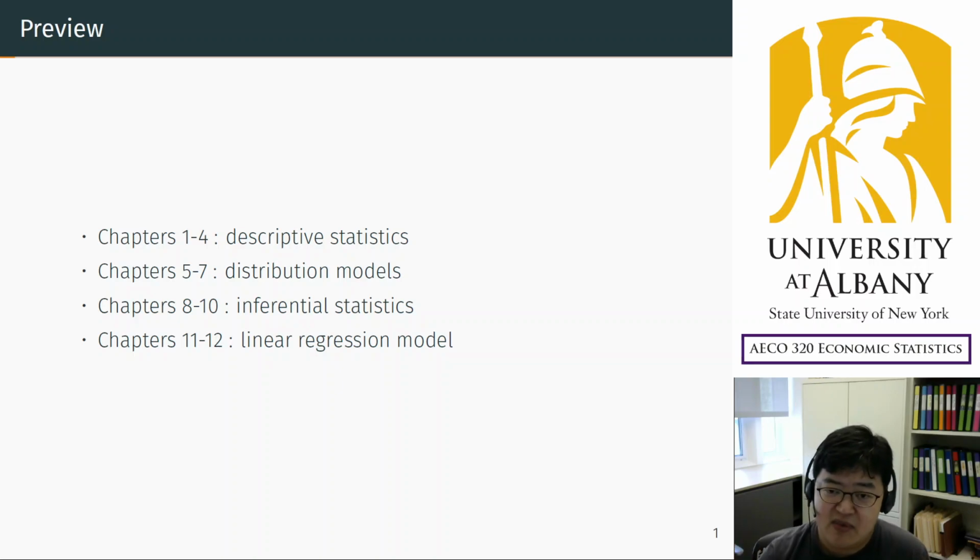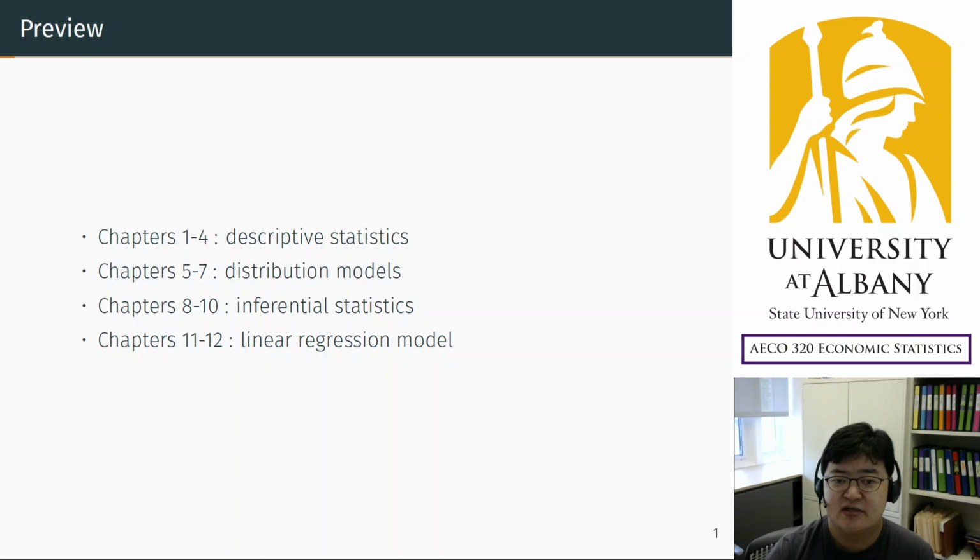It literally means how to describe some random object, and simply speaking, it's about how we can understand probability, mean, variance, standard deviation, something like that. So it is literally about description of data.